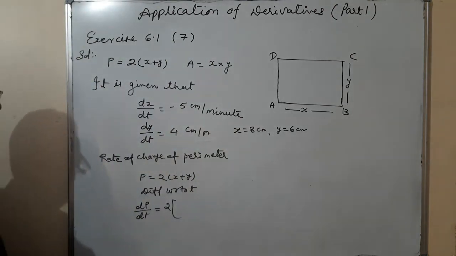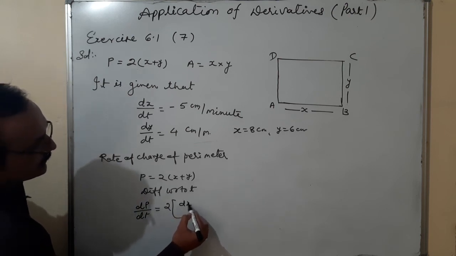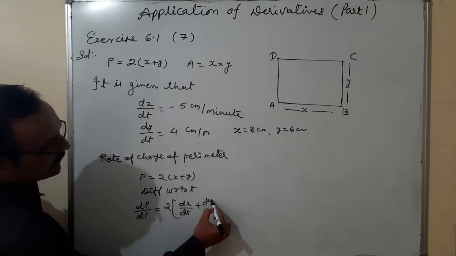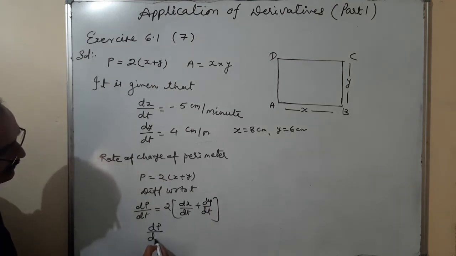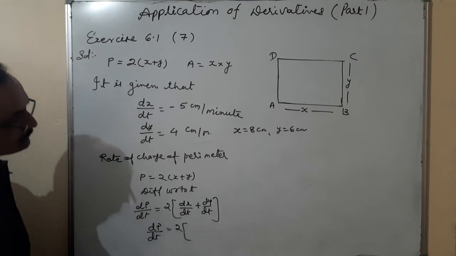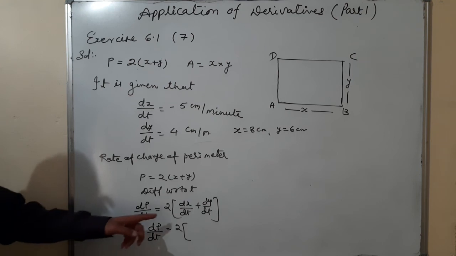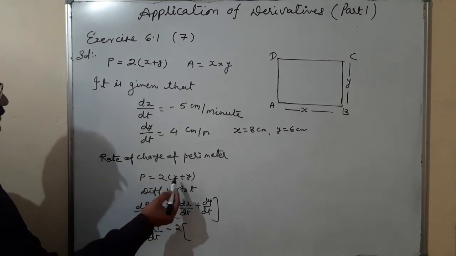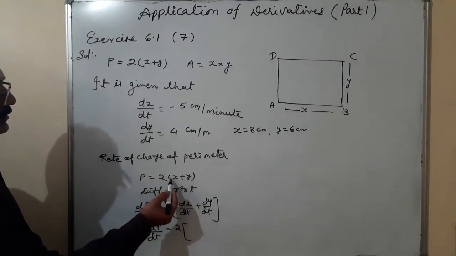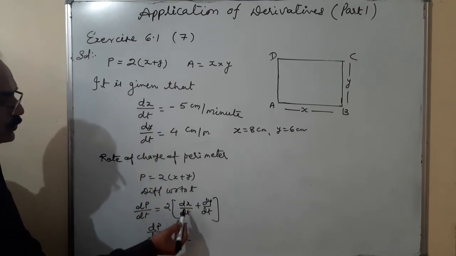So that means the rate of change of x with respect to t, dx/dt plus dy/dt. So dP/dt is equal to 2 dx/dt plus dy/dt.